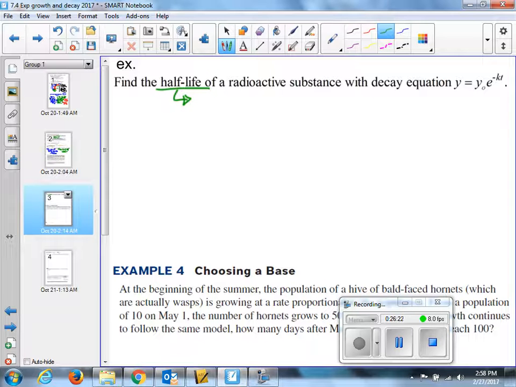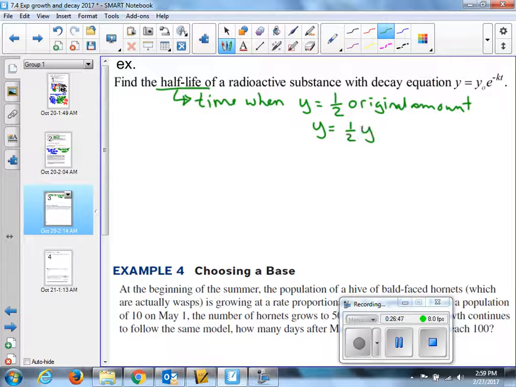So, the time, half the original amount. The original amount is y0, we say, right? Okay, so that's just interpreting what the problem's asking.